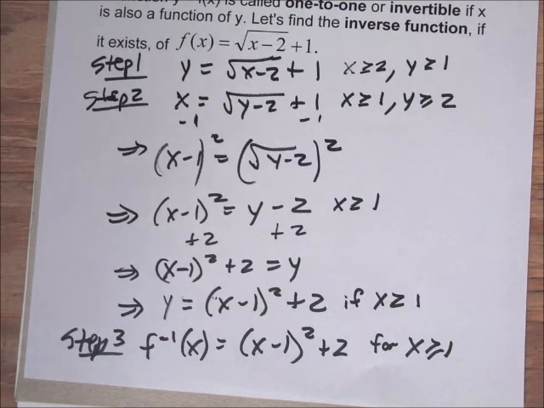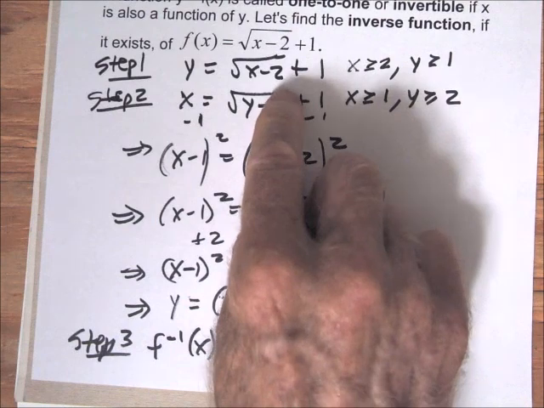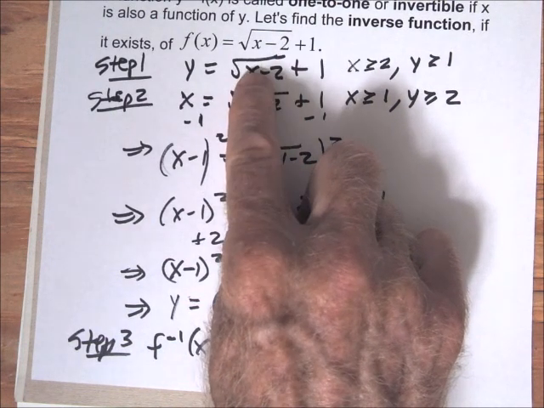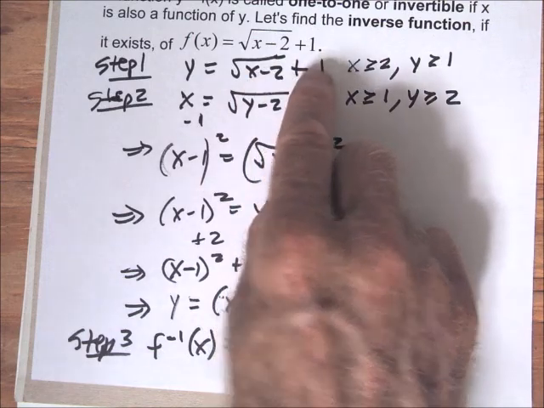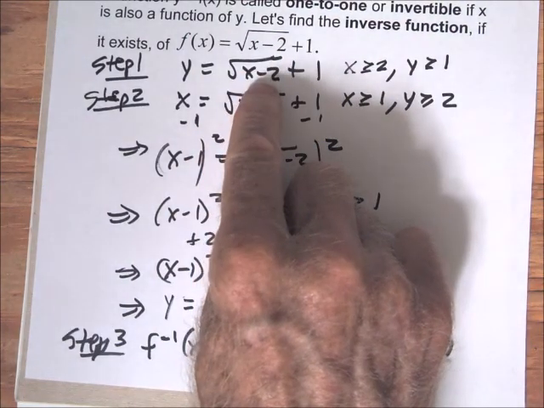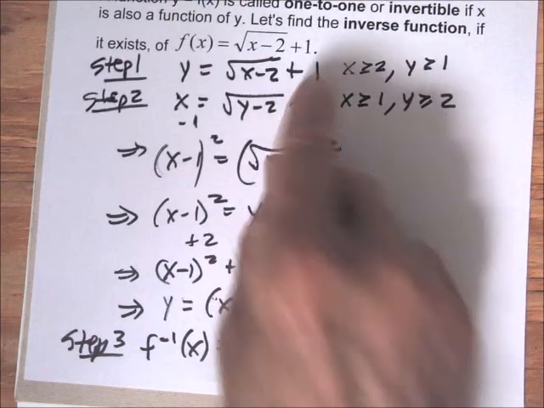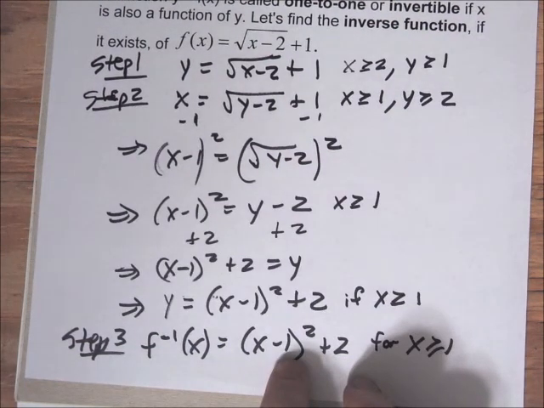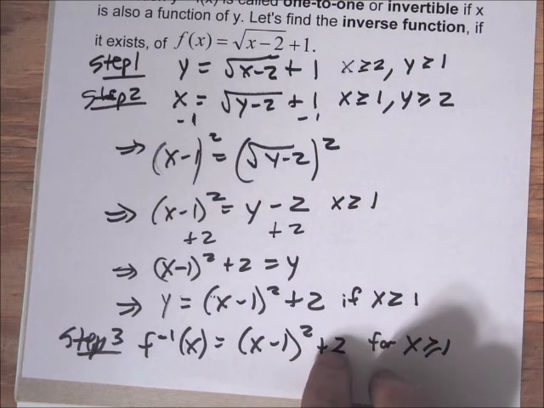In the original function, we start out by subtracting 2, then taking the square root, following the order of operations, then adding 1. So the first thing we do is subtract 2. The last thing we do is add 1. For the inverse function, the first thing that we do is subtract 1, and the last thing we do is add 2.